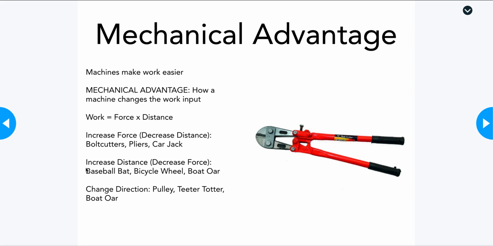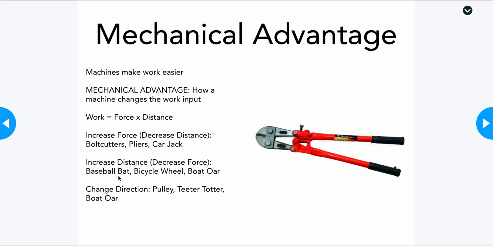Now, the opposite can also be true. You can increase the distance while decreasing the force. So, for example, a baseball bat. If you think about a baseball bat, when you swing it, the work that you are putting in covers a certain distance, but the end of the bat itself is swinging over a larger distance.